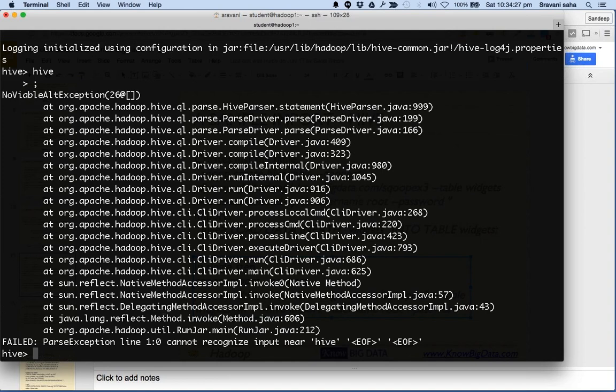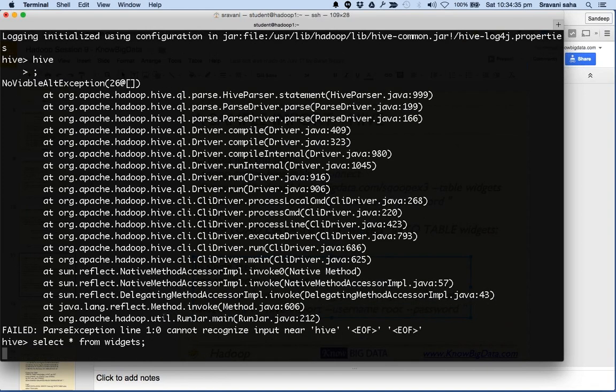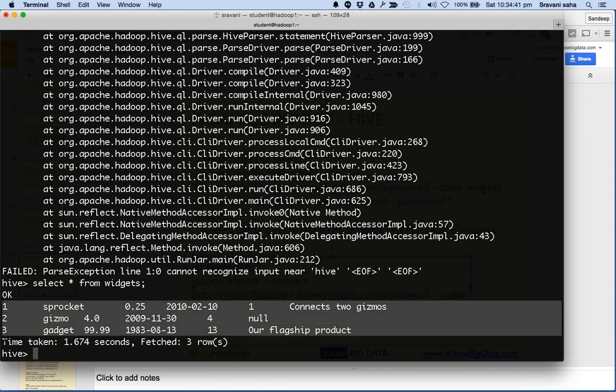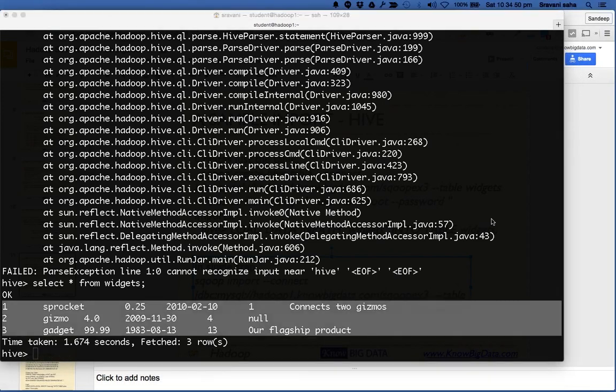So you can say select star from widgets. Now it's working. See that? It has been copied. Earlier, because we did not delete the table, that's why there were mistakes.